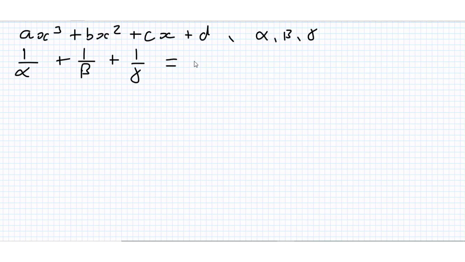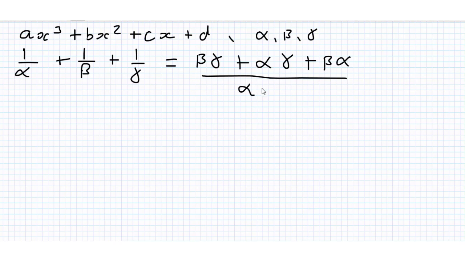Combining these fractions, this is equal to beta gamma plus alpha gamma plus beta alpha, over alpha beta gamma. The reason we've written it in this form is that it allows us to use our results for the relationship between roots of a cubic and the coefficients of the cubic, to write this in terms of the coefficients.